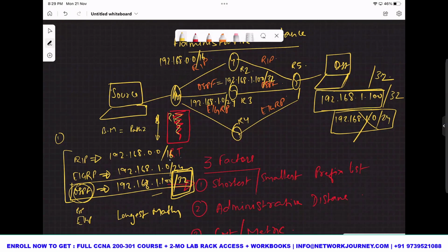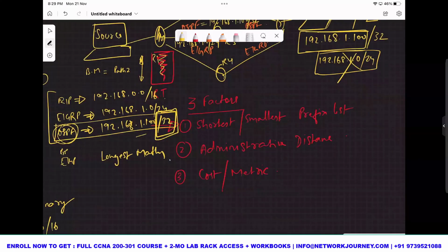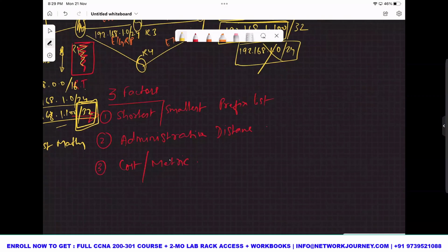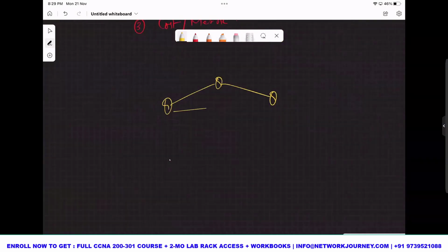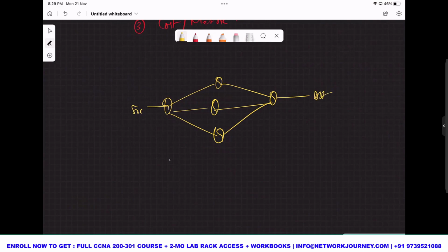But sometimes what happens is, whatever you advertised remains the same. You have three protocols, source, destination, and you will see the same advertisement: 192.168.1.100/24, 192.168.1.100/24.